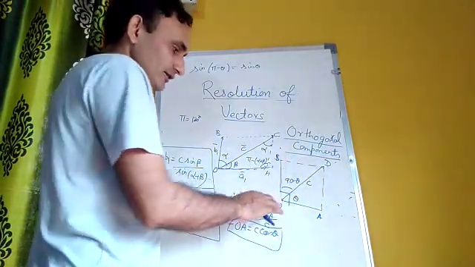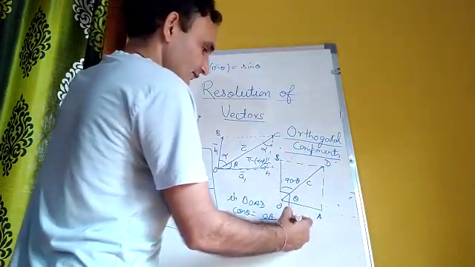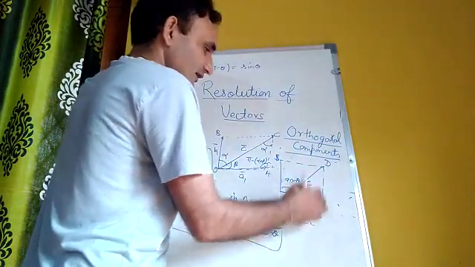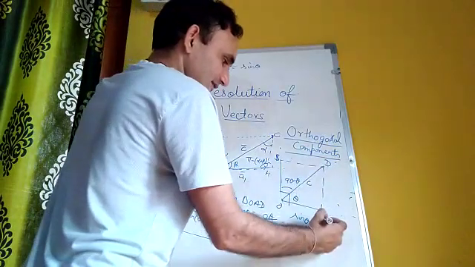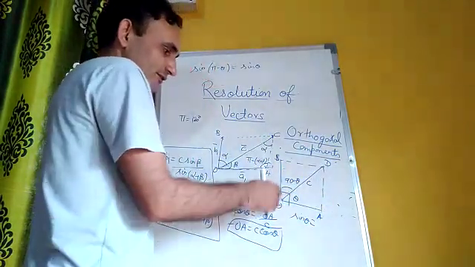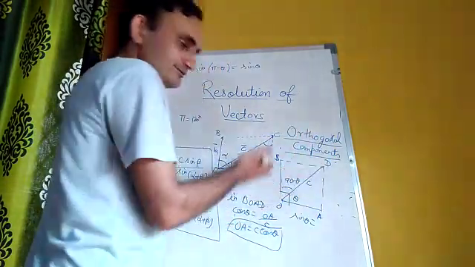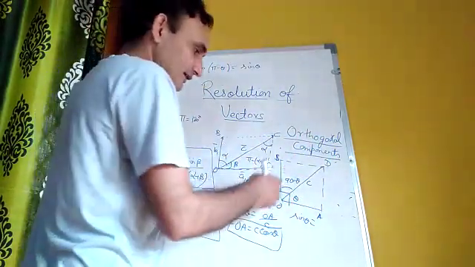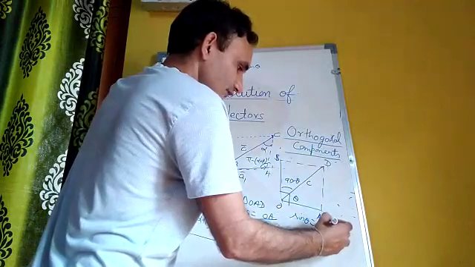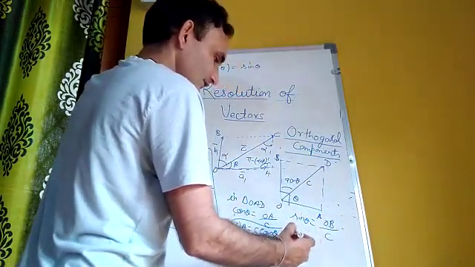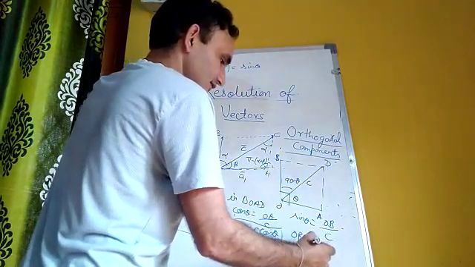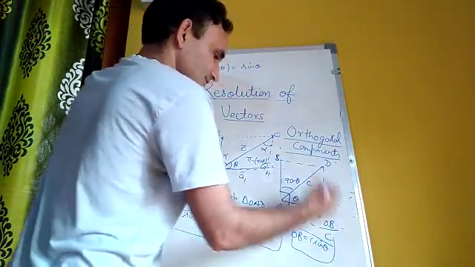OA you have now, and for OB, you can take sin theta. In the same triangle, sin theta will be perpendicular, that is AD, over hypotenuse, and AD will be equal to OB because this is a parallelogram or a rectangle. So OB over C. So again from here we will have OB as C sin theta.